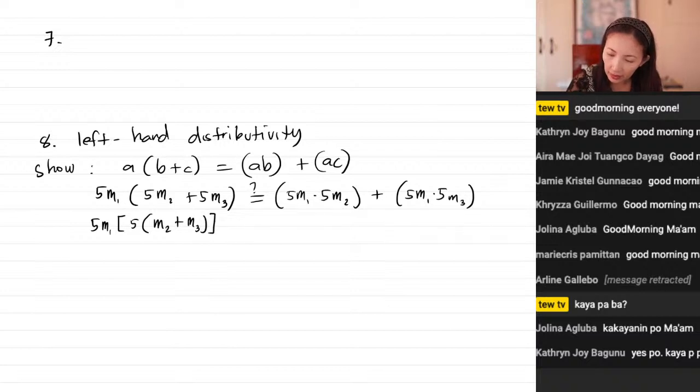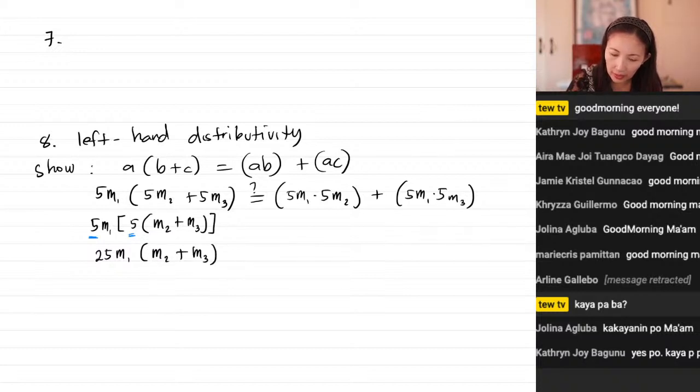And then I will multiply 5 with 5m1. So I will have 25 m1 times m2 plus m3.